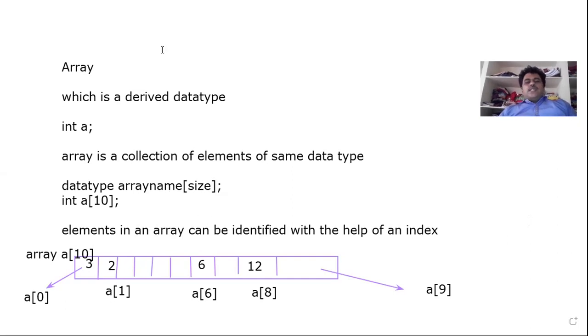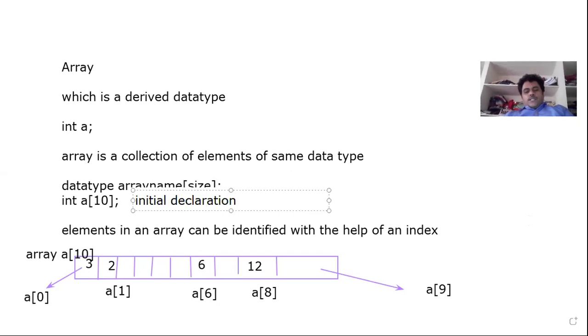So this is called initial declaration of size. If you want to declare the size at runtime, you can also do that, no problem.